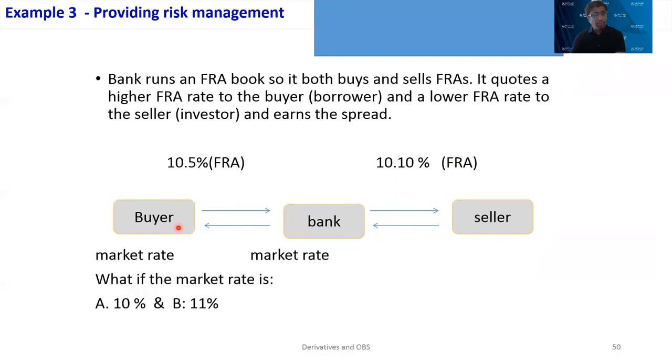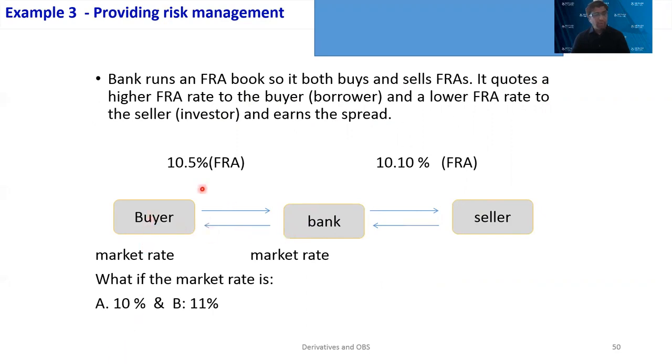So for example, if a bank runs an FRA book, so both buys and sells FRAs, its quotation is a higher FRA rate to the buyer and a lower FRA rate to the sellers. So here the bank becomes a buyer for this seller, and here the bank is a seller for this buyer.